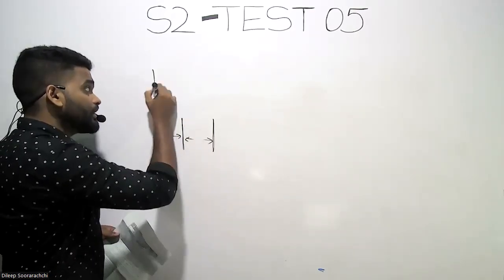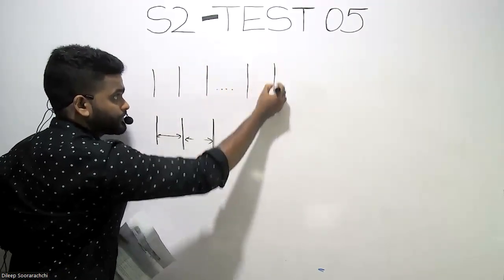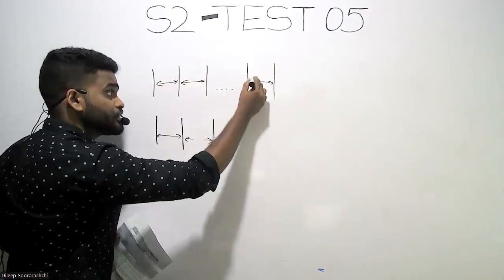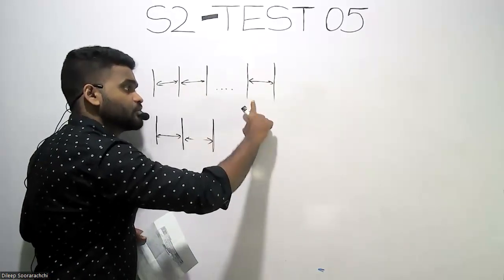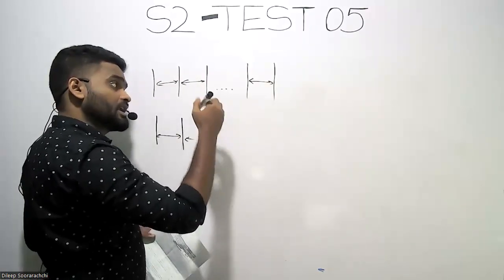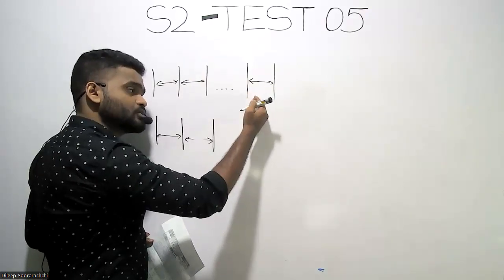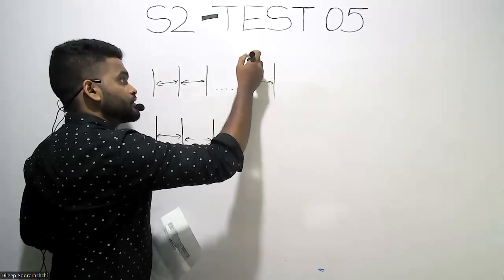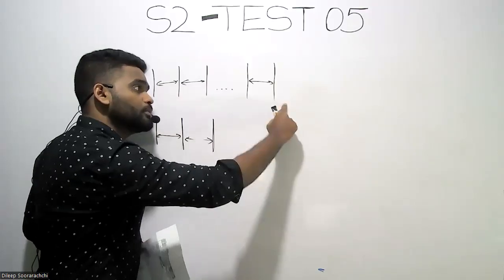So if there are 24 musical forks, the number of gaps should be 23. The gaps, or the differences of frequencies, are what create the beats. So there are 23 gaps if there are 24 musical forks.